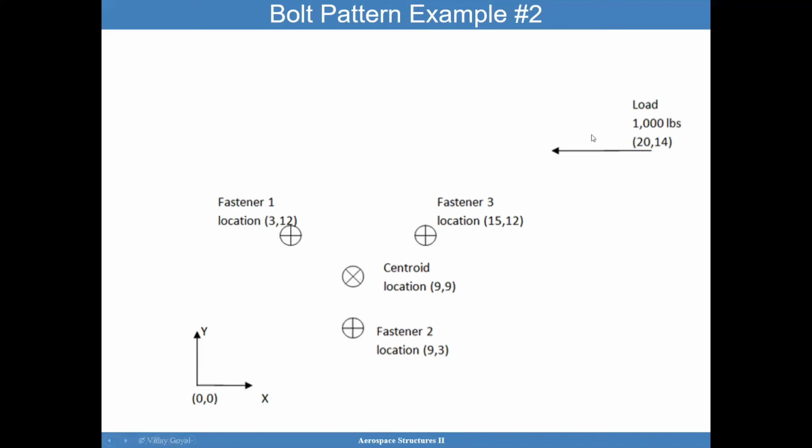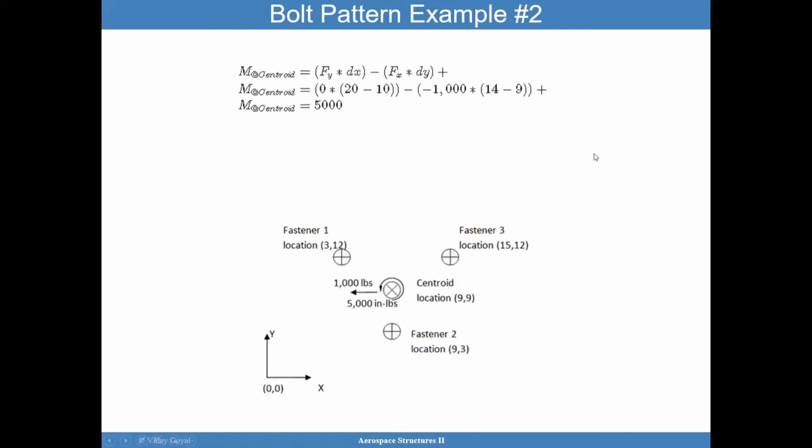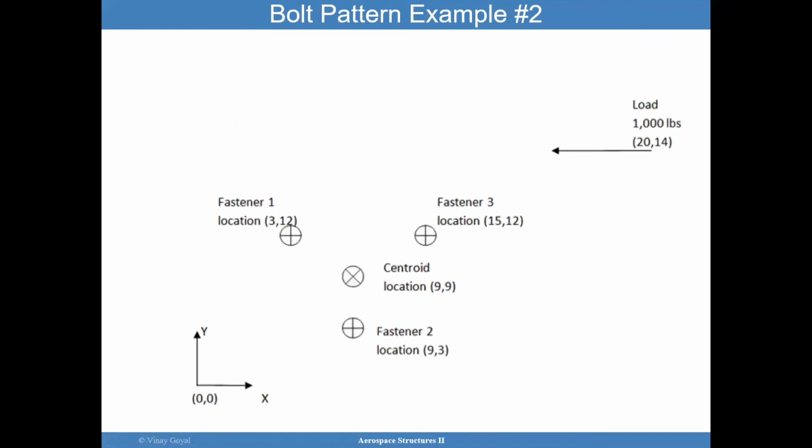We also note that we have 1,000 pounds applied, and somehow we need to determine the fastener loads due to this applied load. We can move this 1,000 pounds straight into this location, but this causes a moment as well, and that should be considered in the calculation.